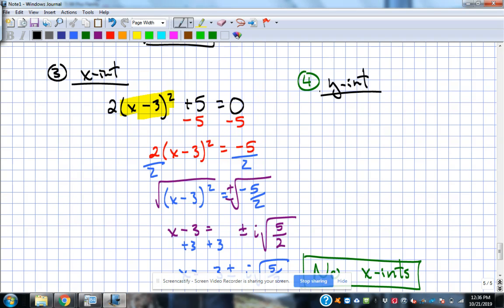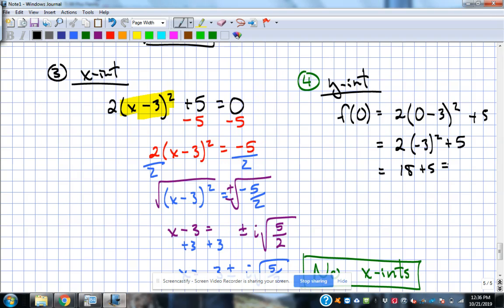How do we find the y-intercept? Plug what in for x? 0. And work that out. So the y-intercept is at 0, 23.